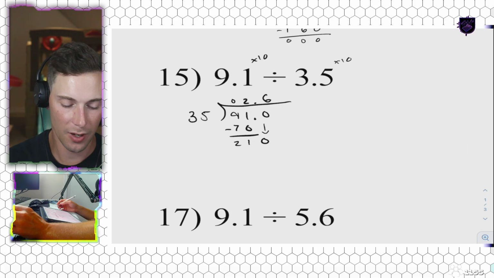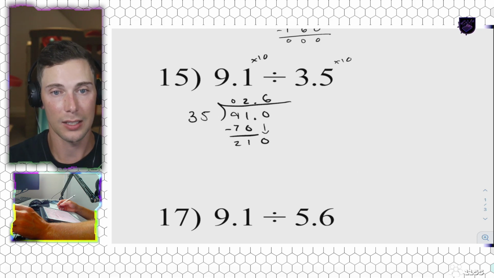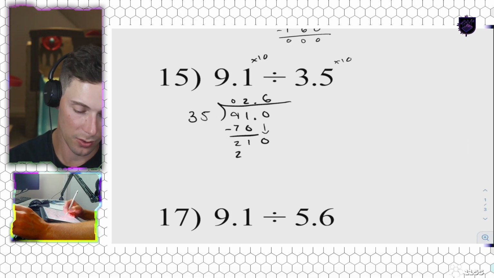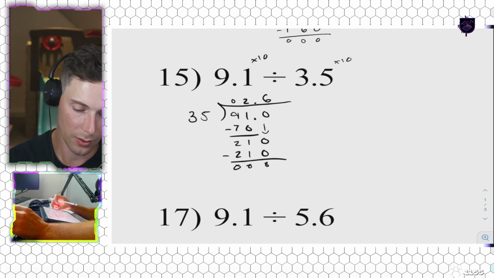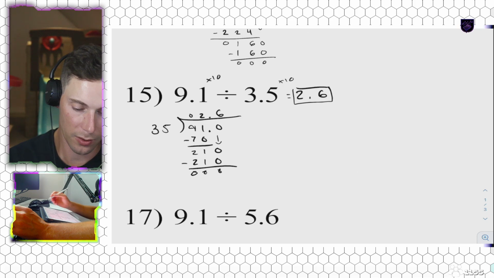If 2 times 35 is 70, 4 times 35 will be 140, and 6 times 35 will be 210. It'll go exactly 210. We'll do our subtraction, leaving zeros. And our answer will be 2.6. Box our answer.